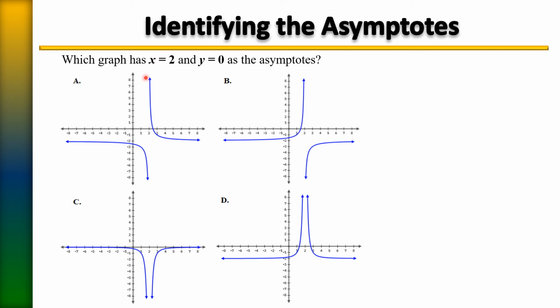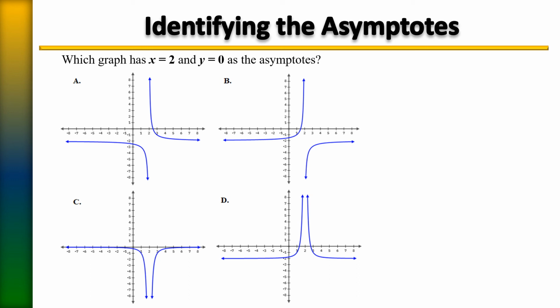So let's look at choice A. Yes, you do have an asymptote there. Choice B also has an asymptote at 2. Choice C has an asymptote at 2 as well. And so does choice D. They all have it.